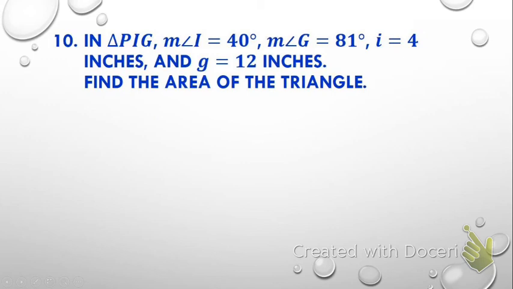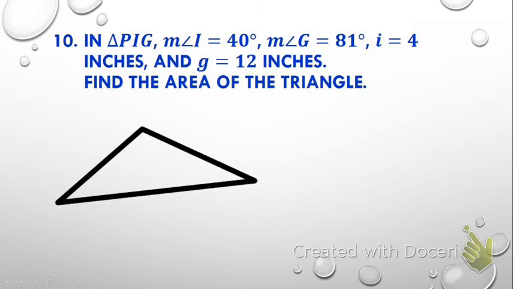In triangle PIG, time to draw a triangle. Totally not to scale. What information can I fill in on this triangle? Angle I is 40 degrees. What else do I have?